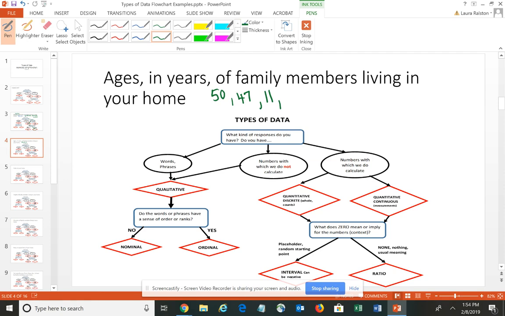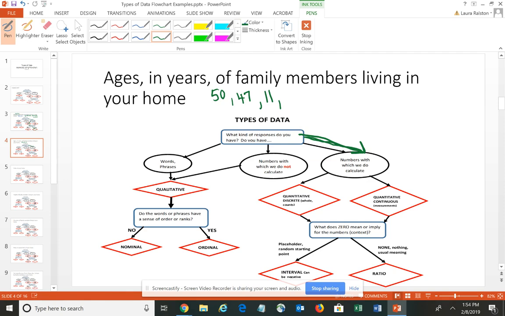So again, you're giving me numbers, and you want to think about, would we calculate with numbers? Could we, for example, find the average age of the people living in your home? And the answer would be yes. So again, we have numbers with which we calculate.